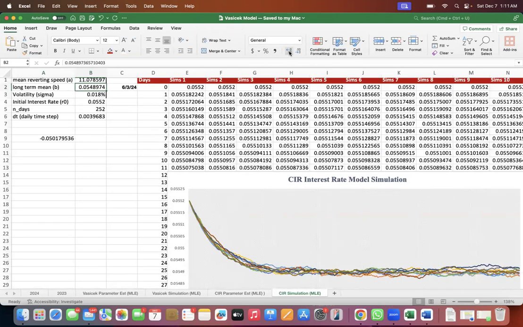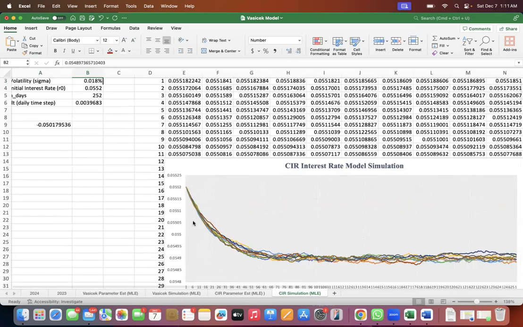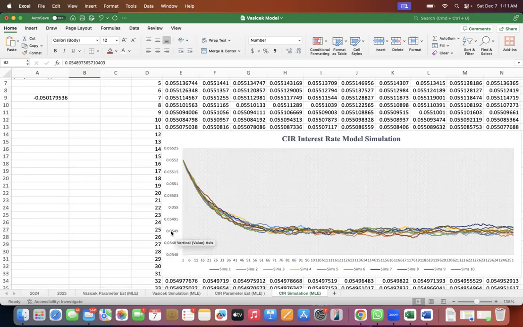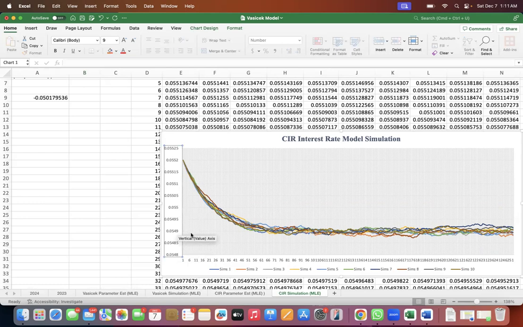Let me reduce it and see what we get. Okay, 0.0549. So if you see around 0.0549, which is this part, right? You will see all the interest rates converge to the long term mean. And this is what CIR was also saying, that all the interest rates converge to the long term mean, right? And this is what we also saw, that it actually converges to the long term mean.